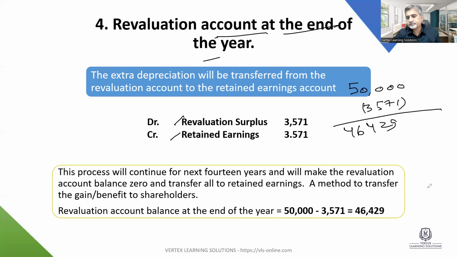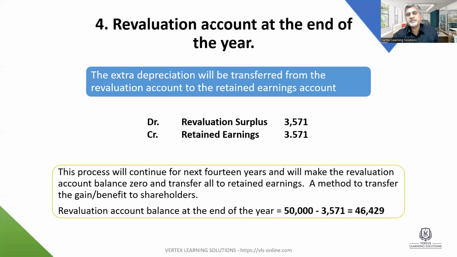46,429. Okay. Now, it is possible that they may ask you that you did revaluation in 2018 with $50,000. How much will be the balance on revaluation account in 2022? Then you will say, okay, 2018 I did. So 18, 19, 20, 21, 22. 5 years passed.